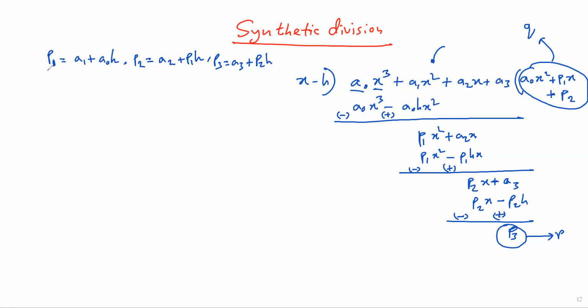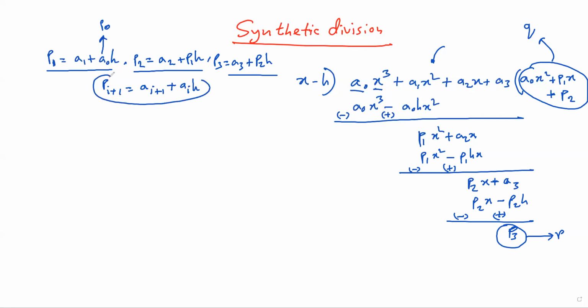can you see that there is a trend in these three equations? pi is ai plus p(i minus 1) h, basically. Just consider a0 and p0 to be the same. Then we can write p(i plus 1) is a(i plus 1) plus pi h.